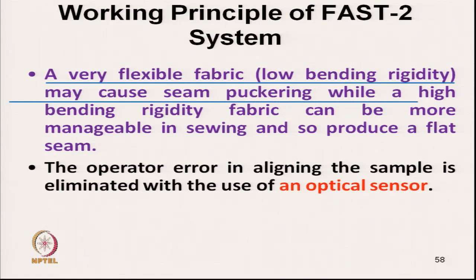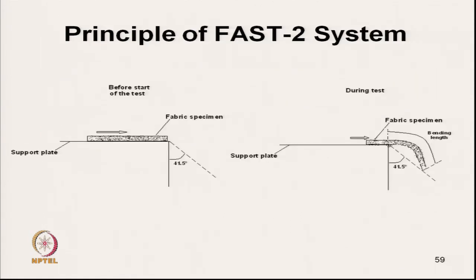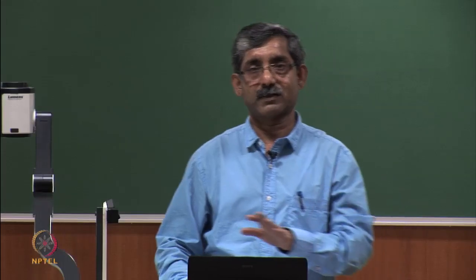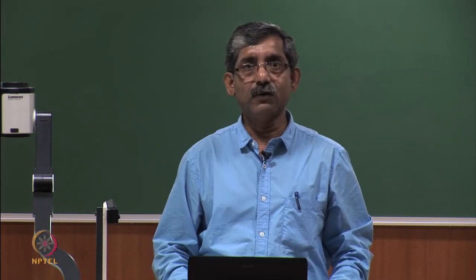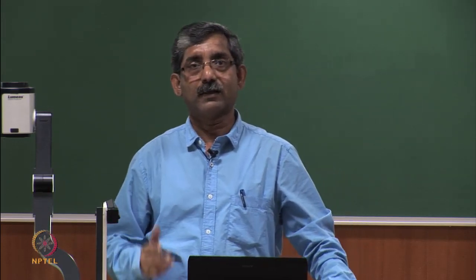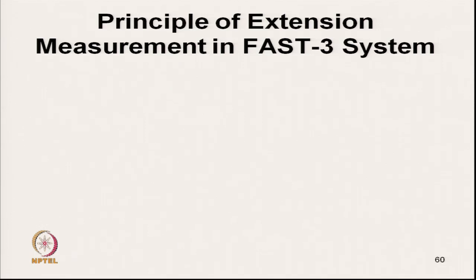So, bending rigidity we can measure in that system, and this system, FAST 2, is exactly the same as the Shirley stiffness tester. Now, we will start another method, the next module, the FAST 3 system.